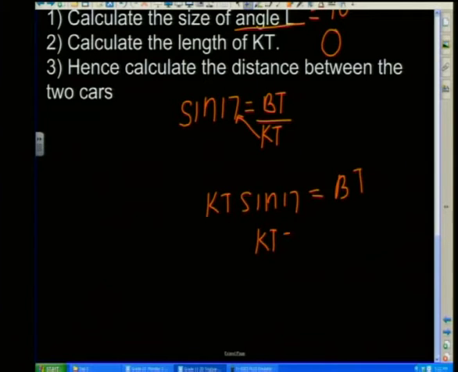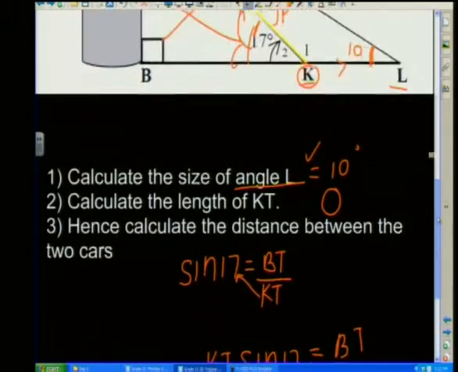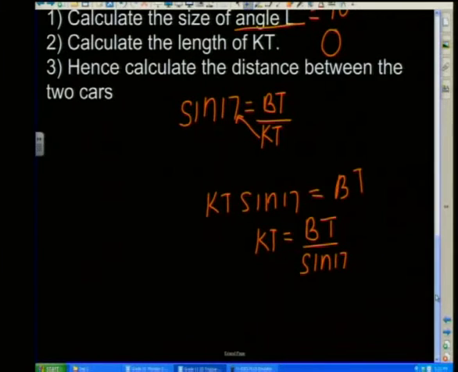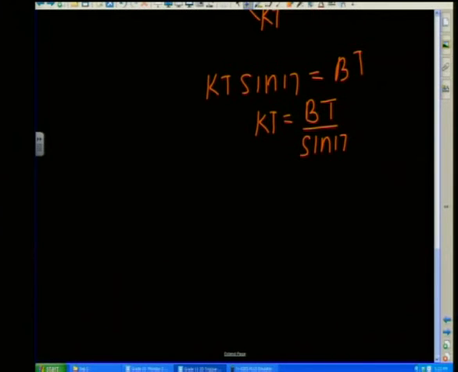So KT would be equal to BT over sine of 17. But we know that the length BT is given as 25, so we can substitute that in. So we get KT is equal to 25 over sine of 17, and then we can just do that on the calculator.